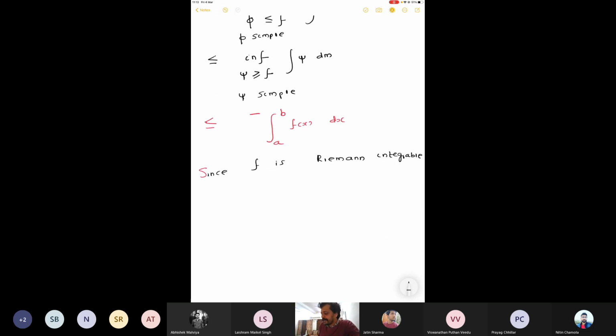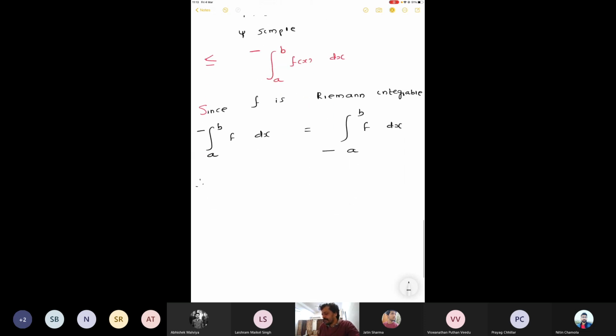Since f is Riemann integrable, the upper integral a to b f dx is equal to the lower integral a to b f dx. And therefore, the inequalities in star are all equalities.